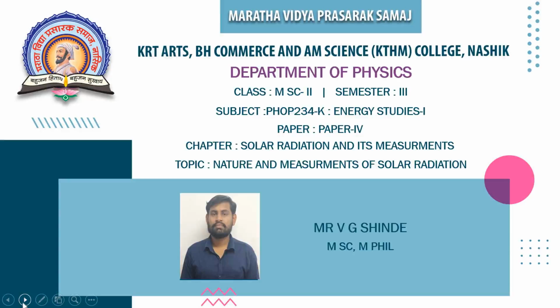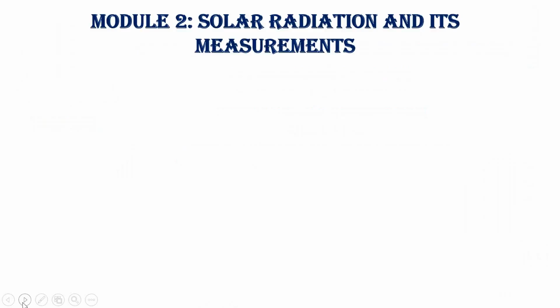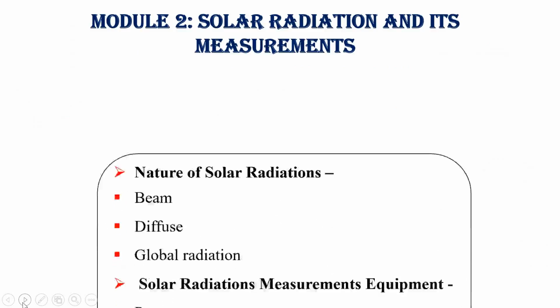Today we are going to discuss MSc second year, semester 3, paper number 4, that is the course of Energy Studies. In today's lecture we discuss the nature and measurement of solar radiation, in chapter 2, solar radiation and its measurement.